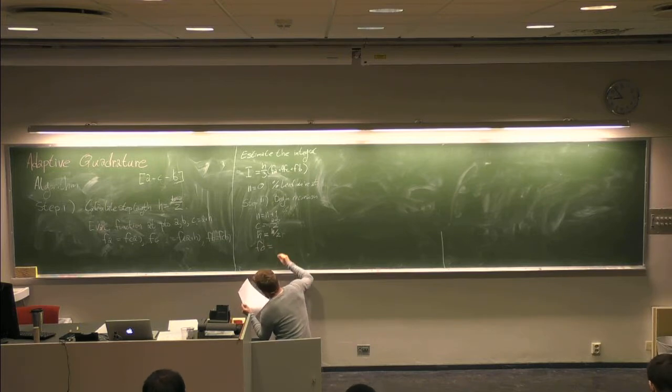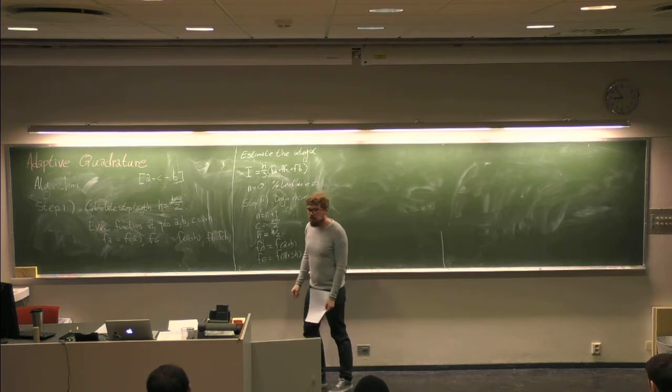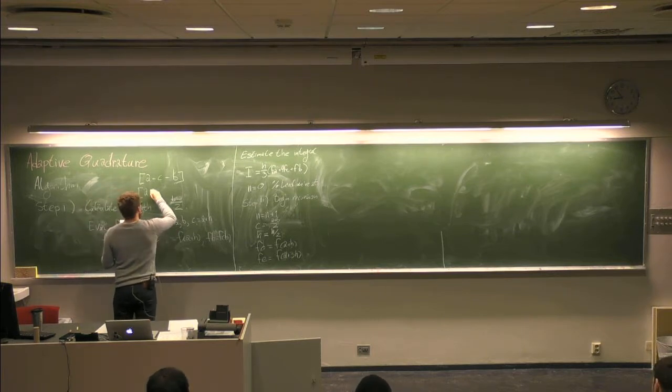2 new function evaluations, which is f of d, that is a plus h. Remember that h is now half of what it used to be. And f of e, which is f of a plus 3h. So how does our interval look like now? Well, now we have a, d, c, e, b.